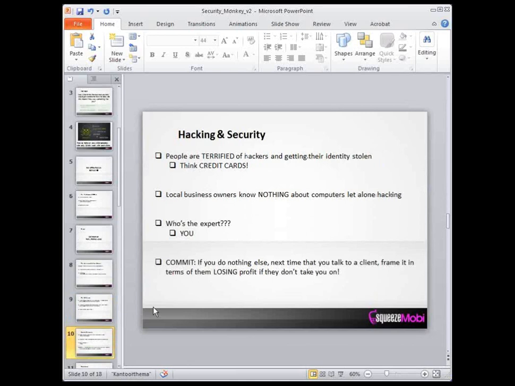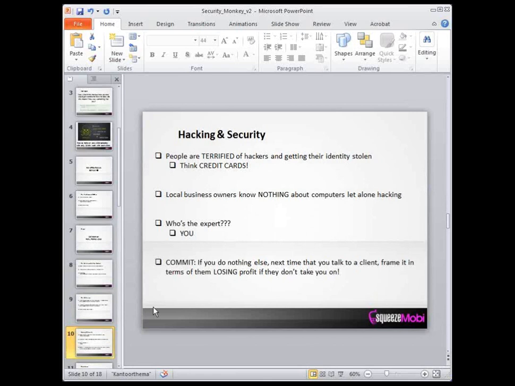What about hacking and security? What really drives that pain point home? Because if you talk to anyone about hackers, they start to cringe. They start to get scared because they have nothing. People fear what they don't understand, and they don't know anything.